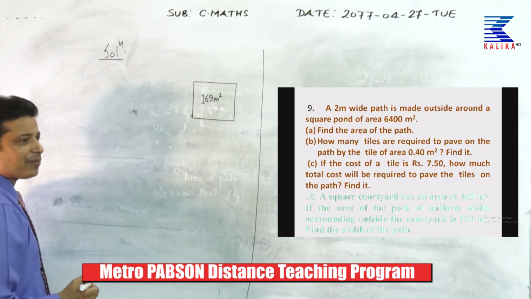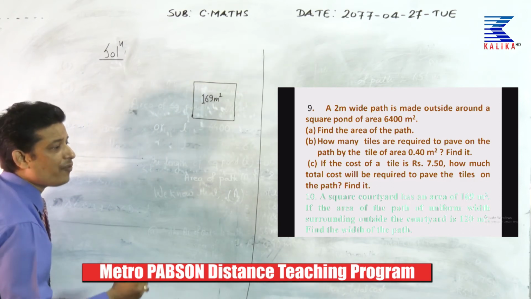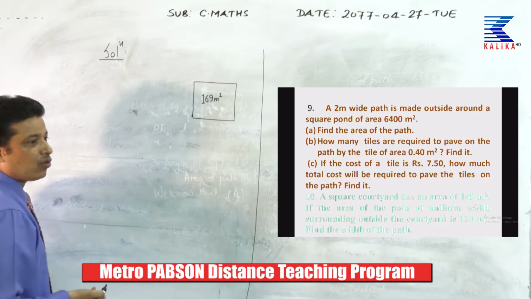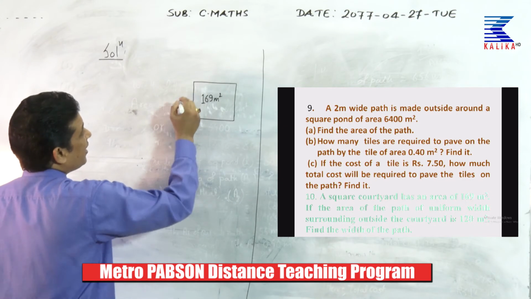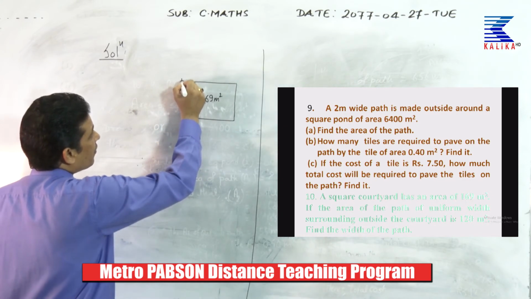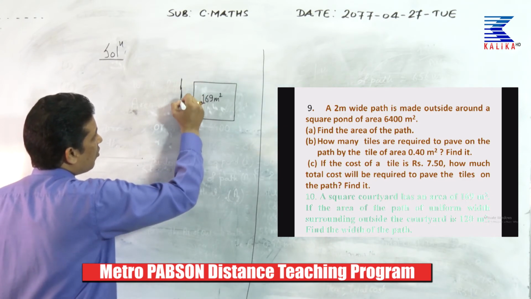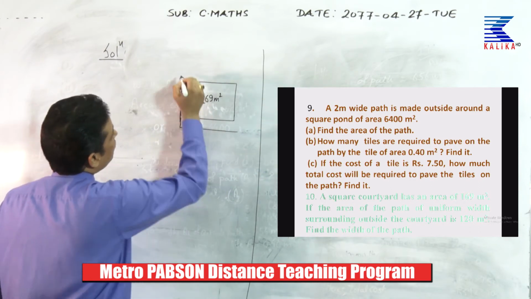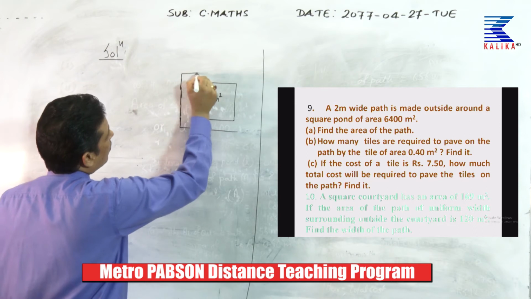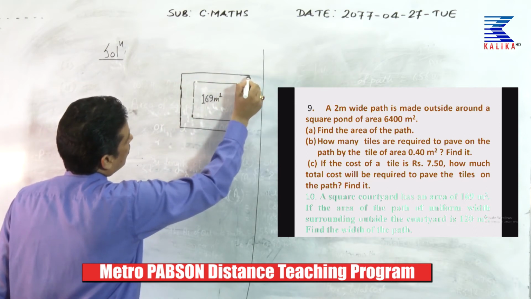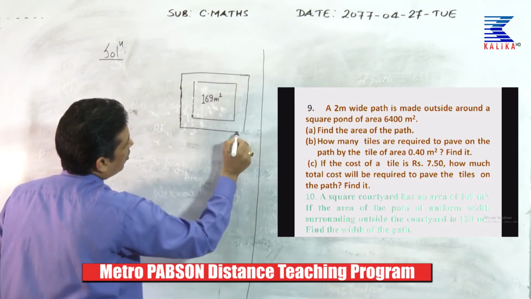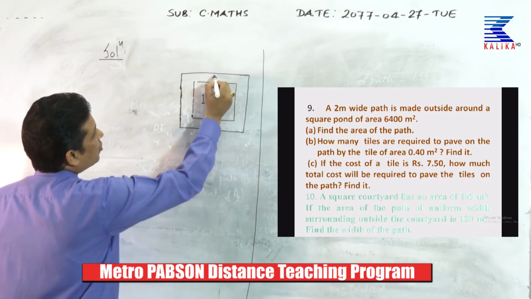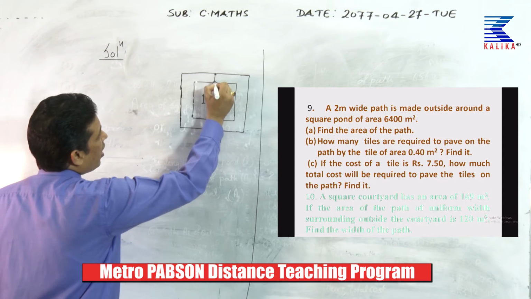If the area of the path of uniform width surrounding outside the courtyard is 120 square meter, it means here as well one path is surrounding outside this square courtyard. Look, and find the width of the path. So, we need to find the width of the path.